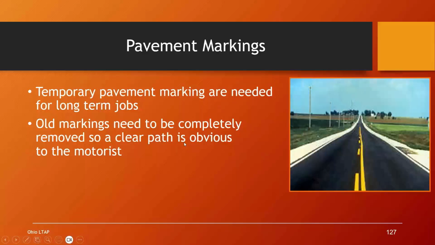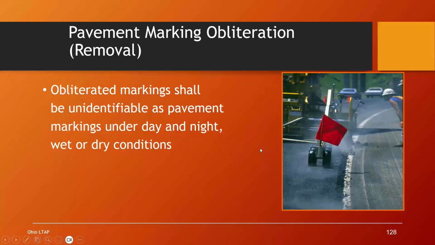And so temporary pavement markings are needed for long-term jobs most of the time. So we have to completely remove the permanent pavement markings, so a clear path is obvious to the motorist. And so there's only a couple of ways to completely remove permanent pavement markings, and that's we have to obliterate them.